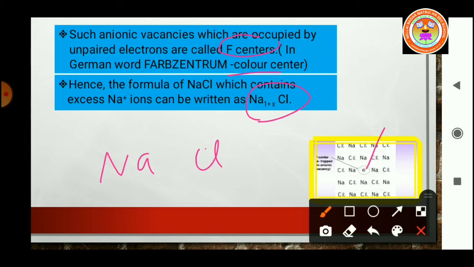But this is an example of non-stoichiometric defects. So cation and anion are not equal, but the electrical neutrality of the crystal must be maintained. How is it maintained? That is Na 1 plus x Cl. So the metal ion is in excess. That's why this defect is called metal excess defect. Now clear? So this is the first example of metal excess defect.